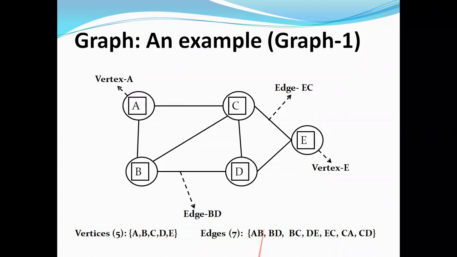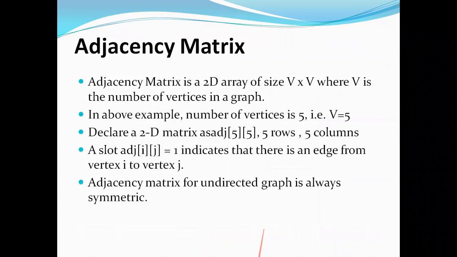So how can we represent a graph? With an adjacency matrix, we can draw a matrix. If there is a line between two vertices, we call that 1. If there are no edges between the two vertices, we call it 0. The adjacency matrix is a 2D array, a two-dimensional matrix of V by V, where V is the number of vertices in a graph.